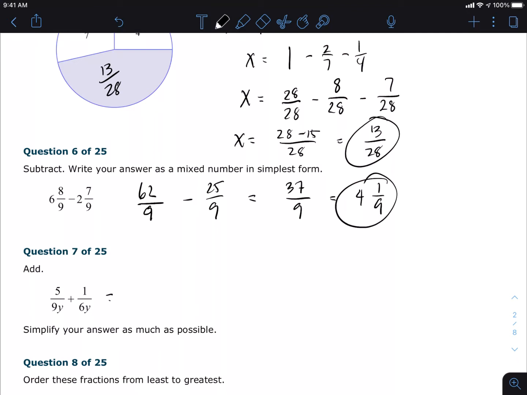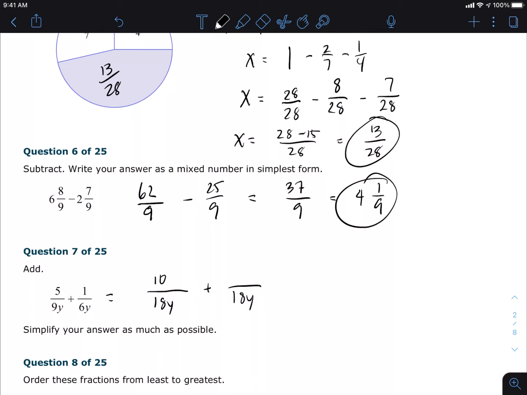So in this case, what they're trying to do is test to see if you understand common denominators. They already have y, so now what we need to do is make them have the same number in the denominator. So 9 and 6 share 18, so it'll be 18y. So that 9y was multiplied by 2, so the 5 needs to be multiplied by 2. 6y became 18y.